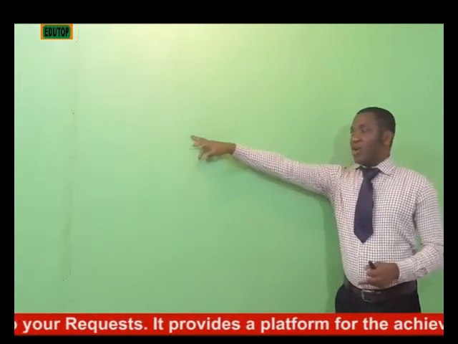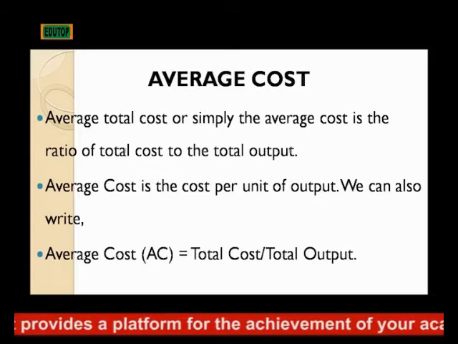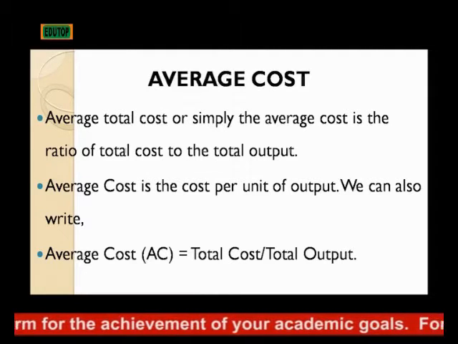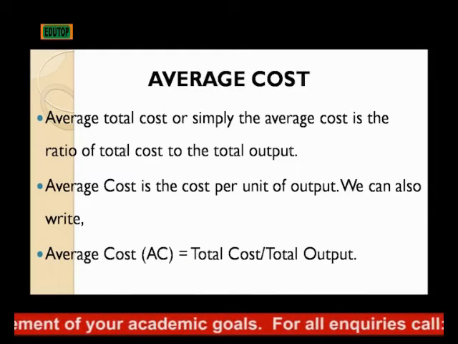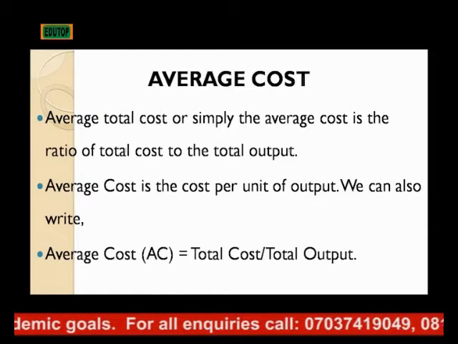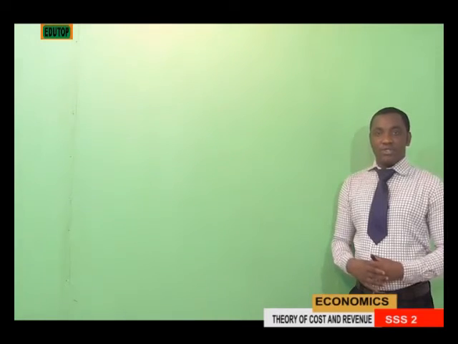By dividing 100, which is used as our total cost, by the total output, which is 20, we discover that we've spent 5 naira over a unit of output, and that is referred to as our average cost.